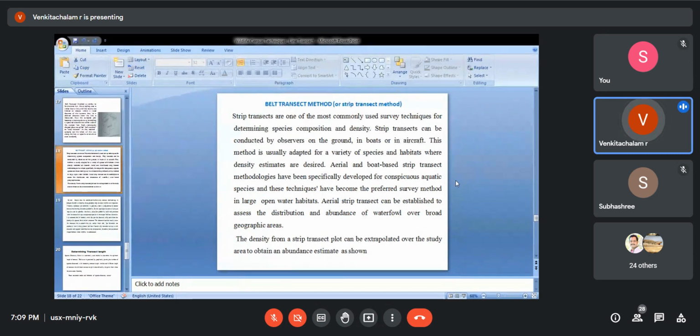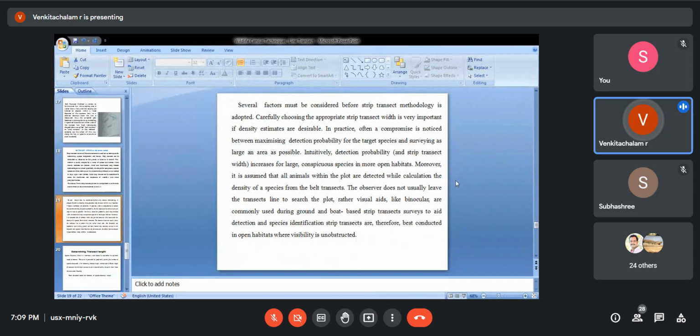Particularly, we can use this method for counting waterfowl in wetlands. The aerial strip transect can be established to assess the distribution and abundance of waterfowl over a broad geographic area. The density from the strip transect plot can be extrapolated over the study area to obtain an abundance estimate.